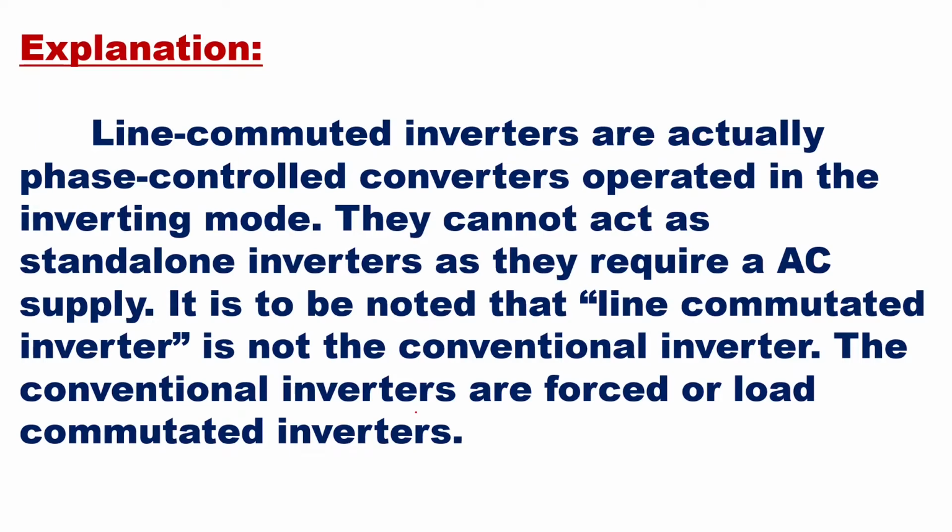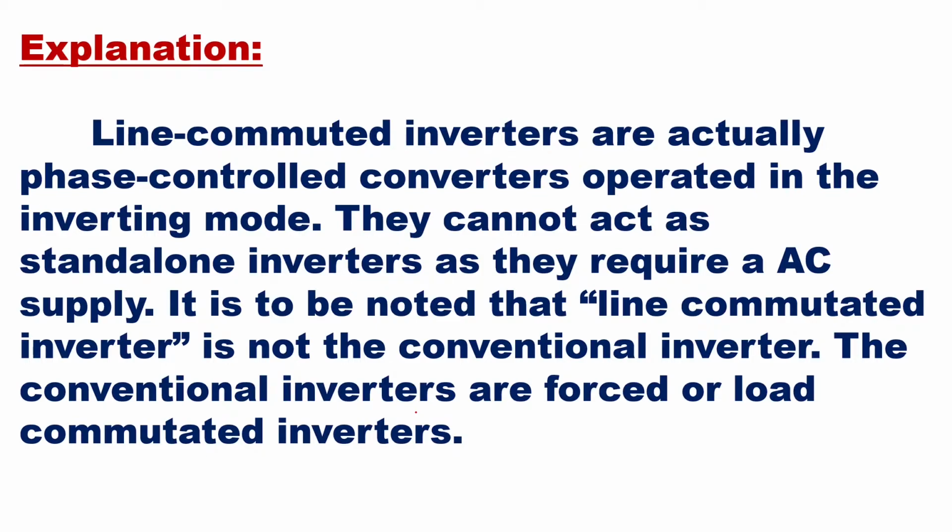So here you can see the explanation. Line commutated inverters are actually phase controlled converters operated in inverting mode. They cannot act as standalone inverters as they require an AC supply. It is to be noted that line commutated inverter is not the conventional inverter. The conventional inverters are force commutated or load commutated inverters.